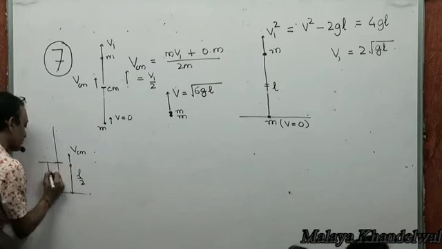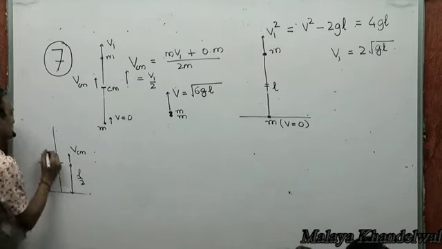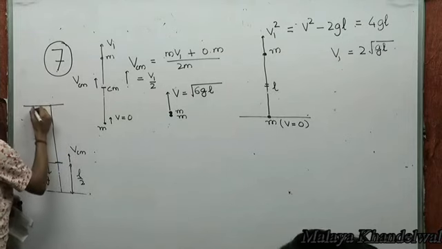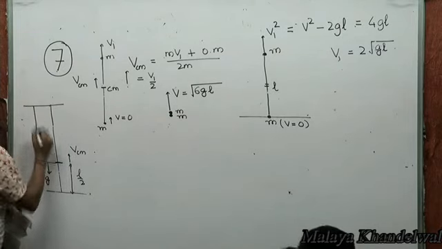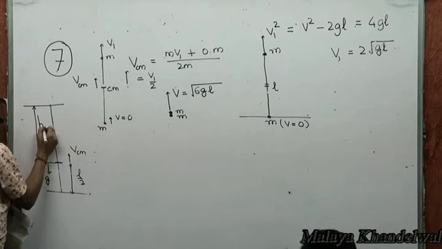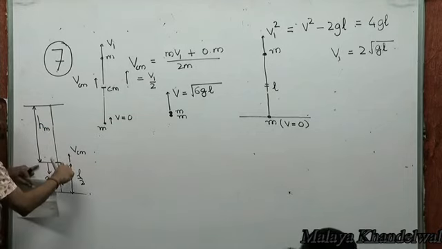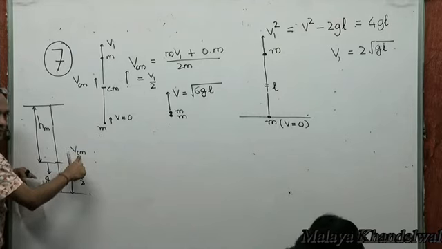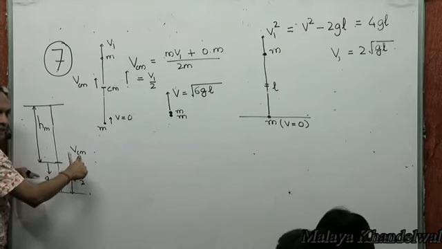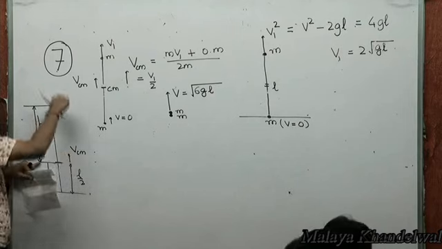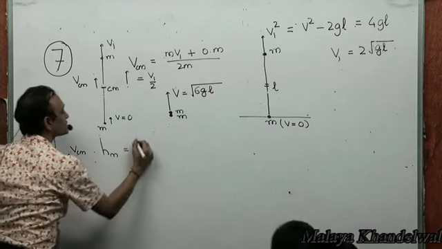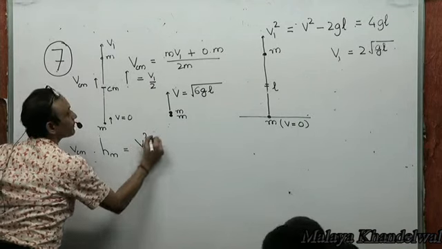From this point, under the influence of gravity, g acting downwards, the center of mass will acquire a maximum height, h max, from this position. h max is going to be what? vcm squared by 2g, no? So h max from this position is vcm squared by 2g.